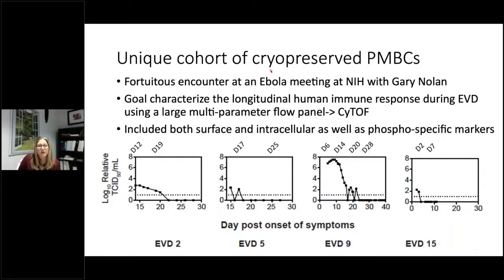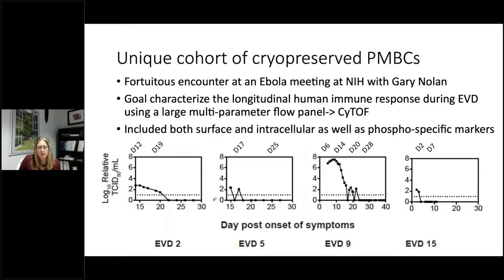And he was talking about using their experience using these large multi-parameter flow panels to map out human immune responses, both in health and in disease. And so he and I talked and decided that this would be the perfect way to utilize these precious cryopreserved PBMCs to look at Ebola immune responses over time in the subset of patients. And so their panel that they have developed includes both surface and intracellular markers, as well as several phosphospecific antibodies.